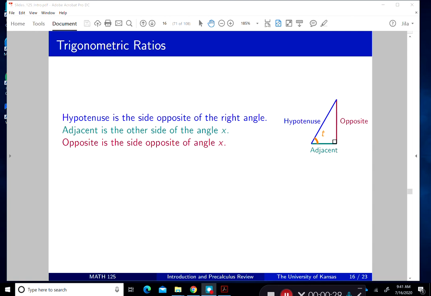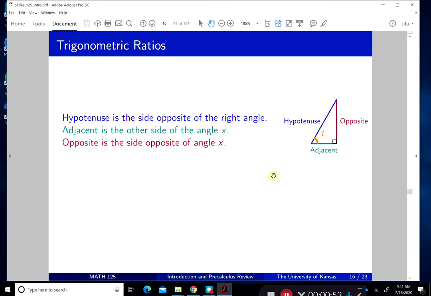The side that is adjacent, the side beside the hypotenuse that is next to T, is going to be the adjacent. Sometimes they say adjacent is the side between T and the right angle. And so that's the description of the right triangle.